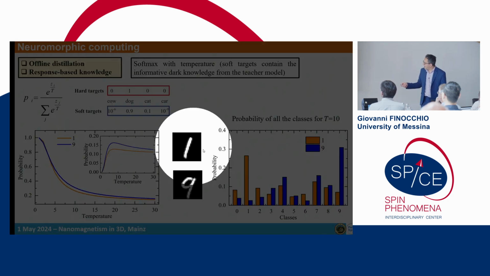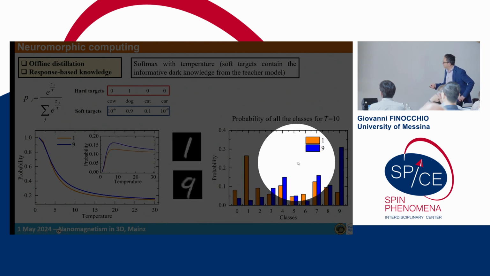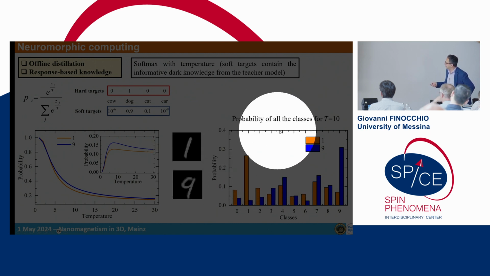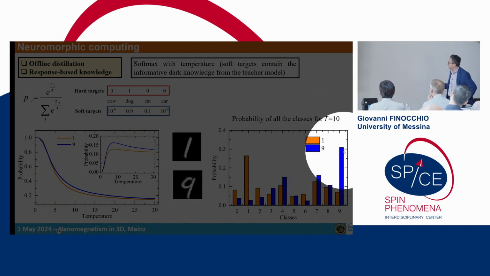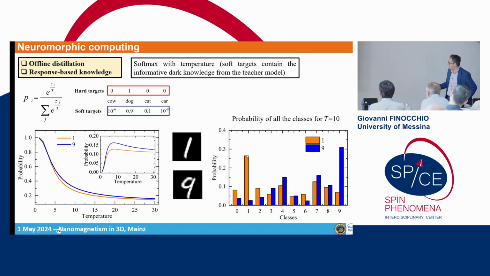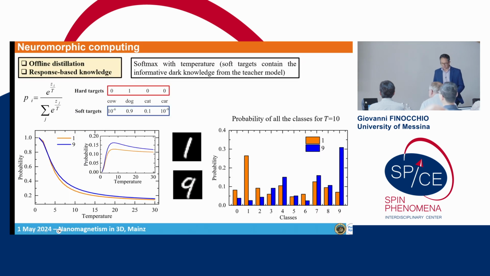You see that if you increase the temperature, the value of the probability goes from 1 to 30% in this case for the 9, and for the 1 it goes to 25%. All the information inside the model actually emerges, because you have some probability for the different classes. This is some ideal calculation using softmax.